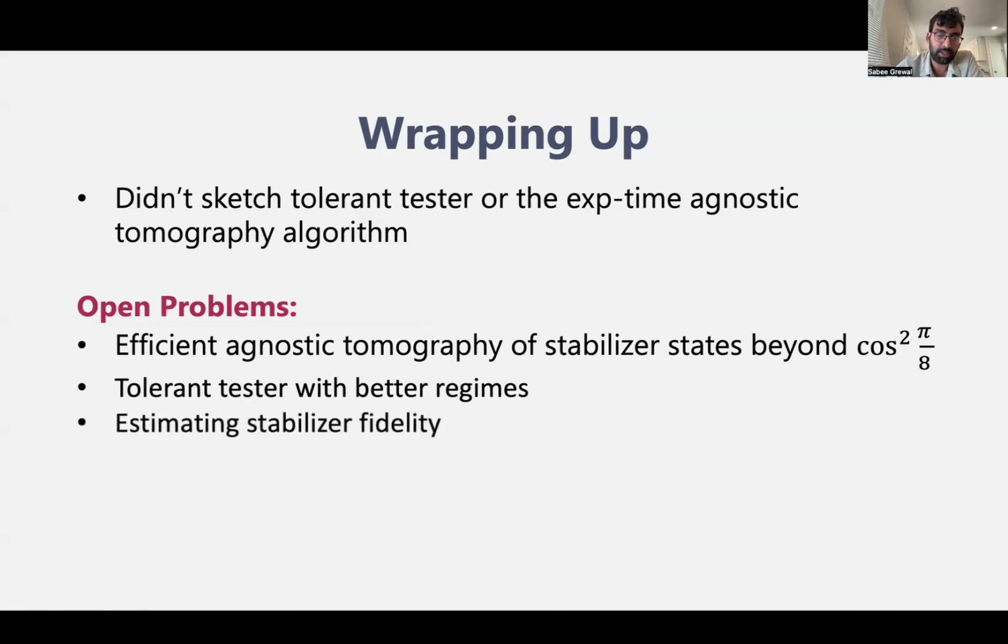And perhaps the most ambitious open problem remaining is just giving an algorithm to estimate stabilizer fidelity. So you're given copies of a state and you want to give some estimate of the stabilizer fidelity to some additive accuracy.